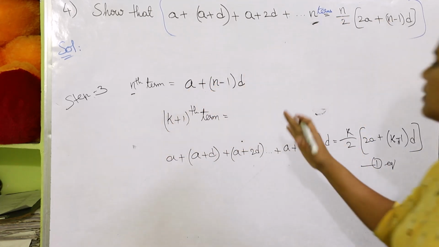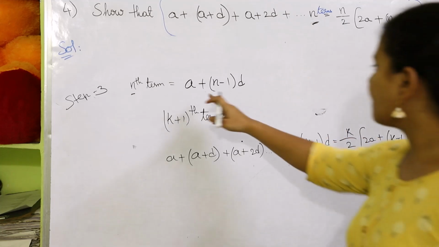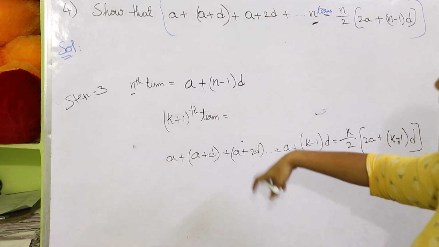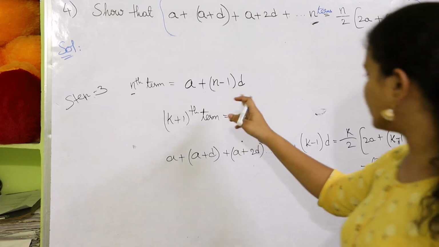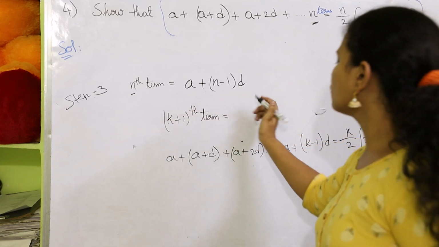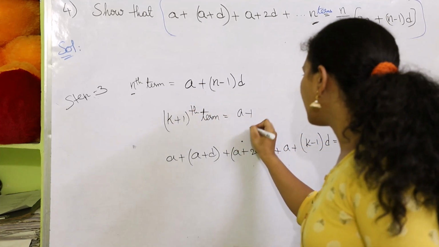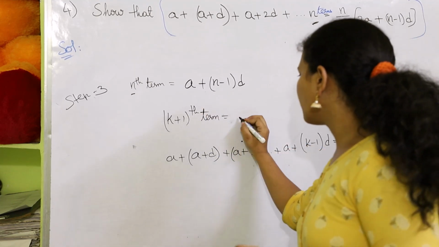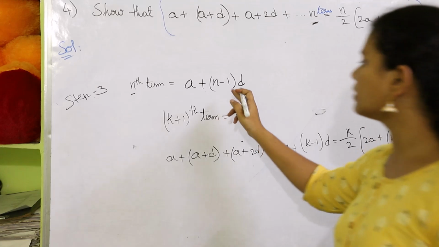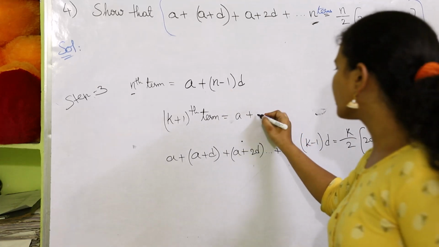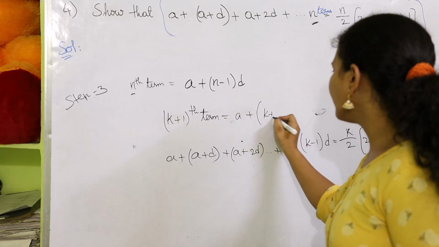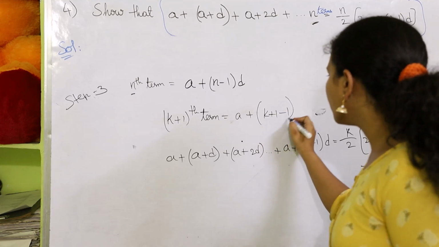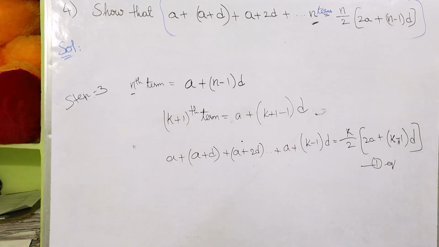So the k plus 1th term is equal to a plus n minus 1 into d, the nth term formula. Instead of n, you substitute and apply this formula. It equals a plus n minus 1 into d, and n means k plus 1, so a plus k plus 1 minus 1 into d.